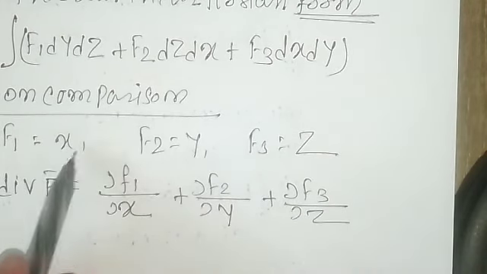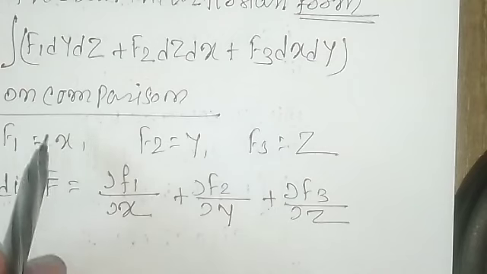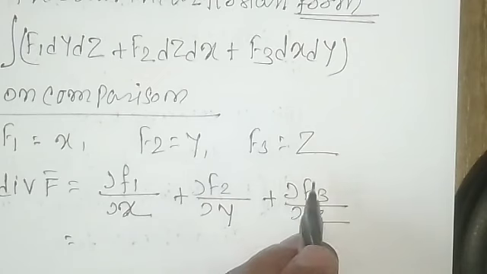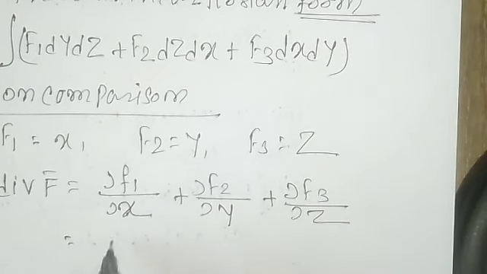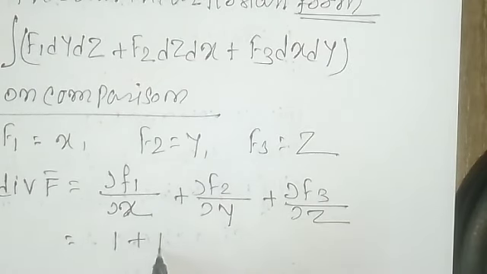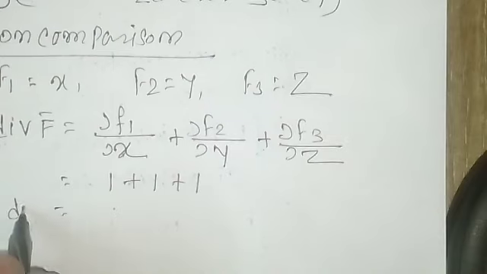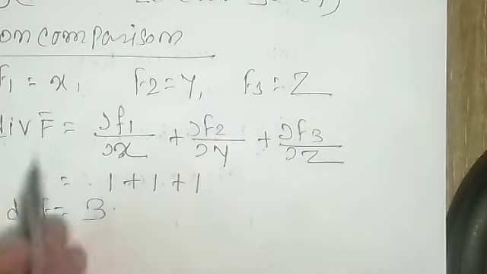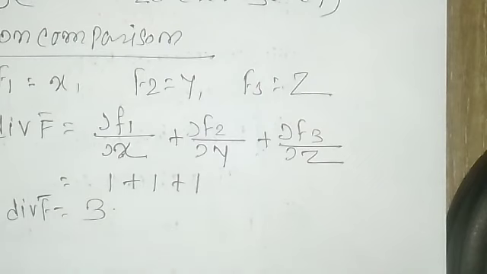Differentiation of x with respect to x is 1, and the same for the others, so this is 1 plus 1 plus 1, which is equal to 3. So here we got that divergence of F is equal to 3.